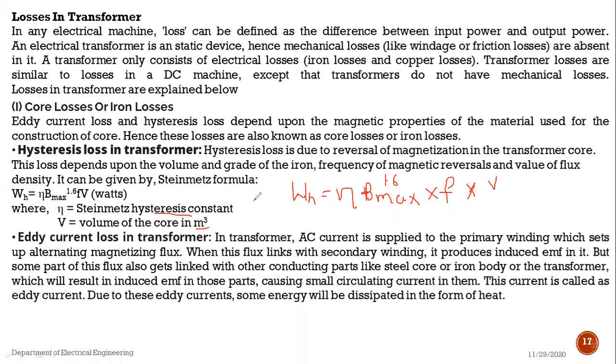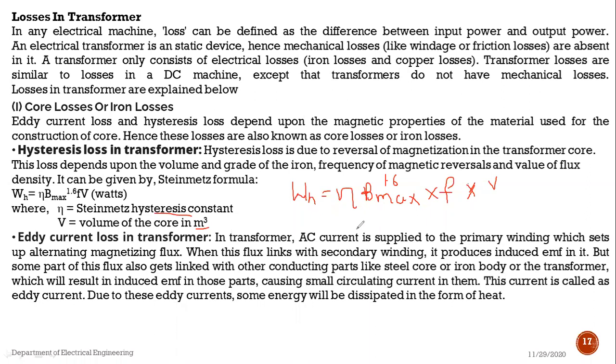See, the hysteresis loss is due to the reversal of magnetization in the transformer core. This loss depends upon the volume of the iron core used, the grade of the iron core used, the frequency of magnetic reversal, and also the value of flux density.